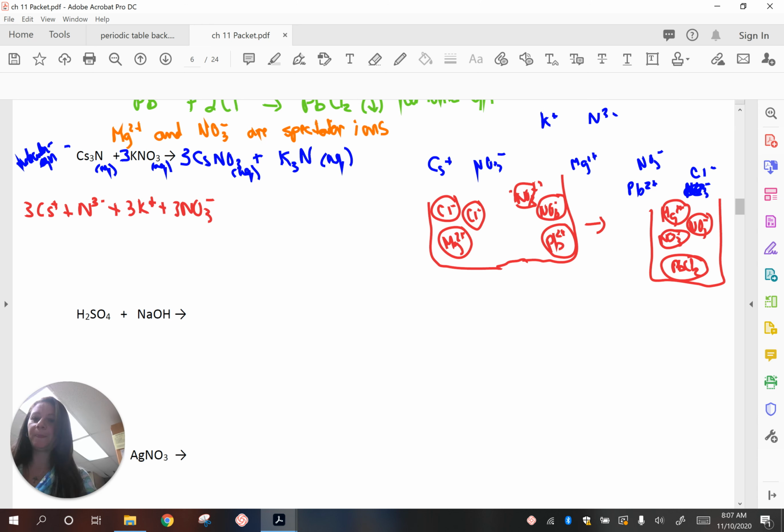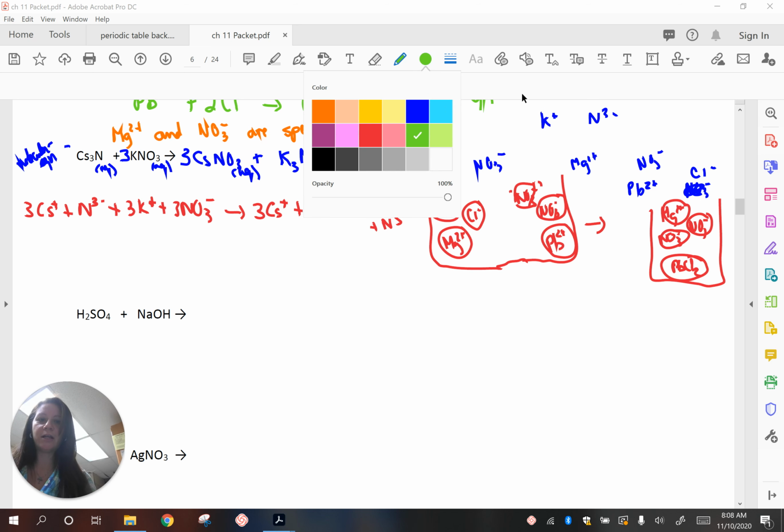For your products, CsNO3 is soluble, so you're going to also show your ions, so 3 Cs plus and 3 NO3 minus. And then your K3N is also soluble, so you're going to also show the ions, 3 K plus and an N3 minus. So that's our complete ionic, right?